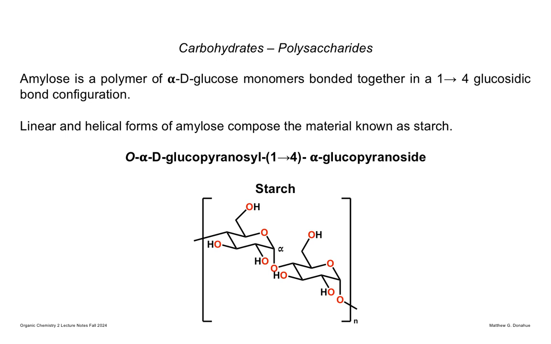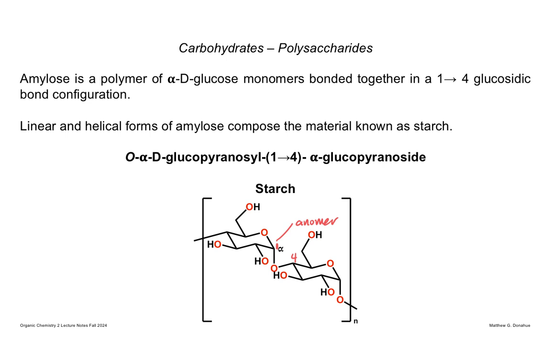Starch is shown here, and it's still D-glucose, but notice that the anomeric carbon is now alpha. So just by switching from beta to alpha, we've made a new polymer. There's the repeating unit with the 1 to 4 linkage.